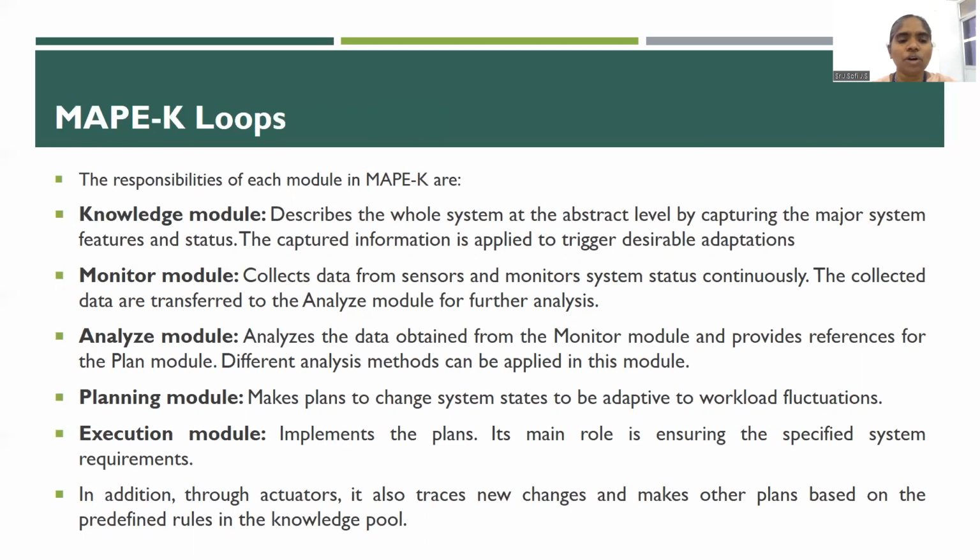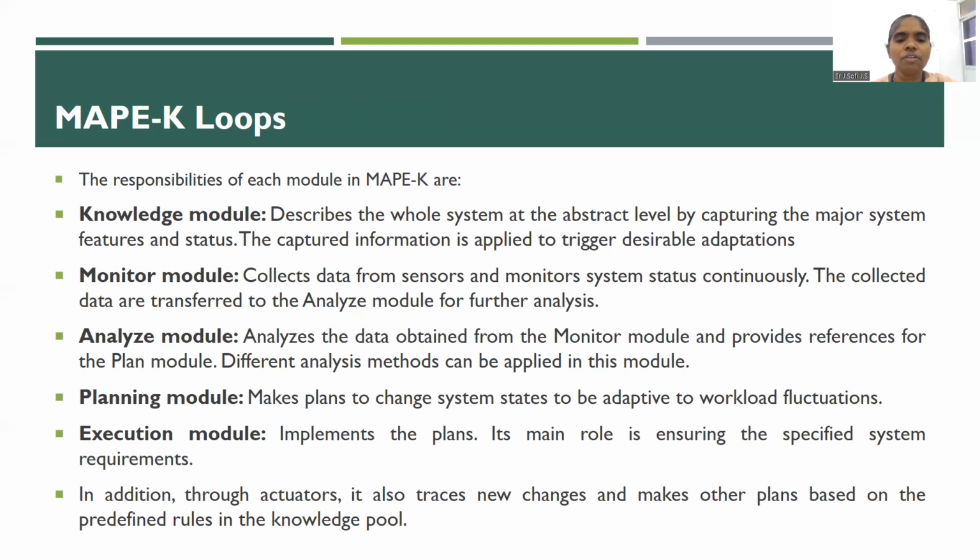And the monitoring module, what it does is it collects the data from the sensors and monitors system status continuously. The collected data are transferred to the analyze module. In the analyze module, we use different methods to analyze the data received from the monitor module, and it will be passed on to the planning module. In the planning module, we plan as per the workload fluctuations.